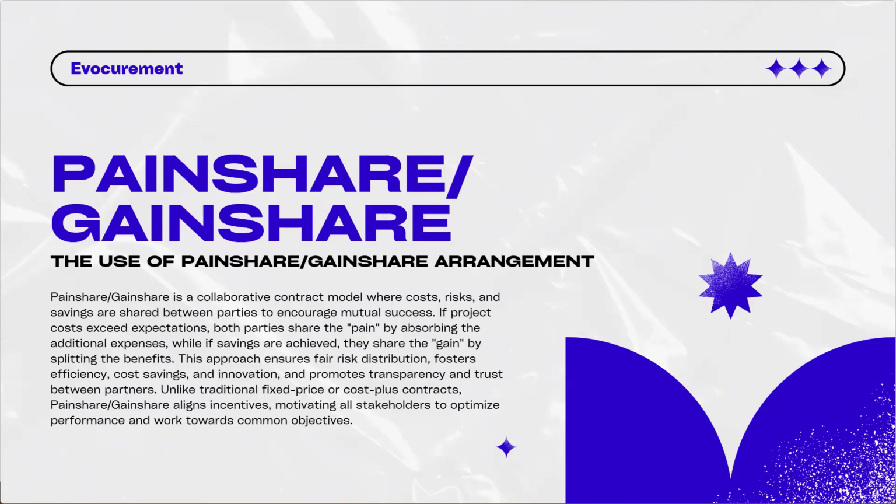And if the supplier can do under the target cost, then the gain will be shared between both parties. So this kind of agreement provides some level of incentive and motivates the supplier to perform better.